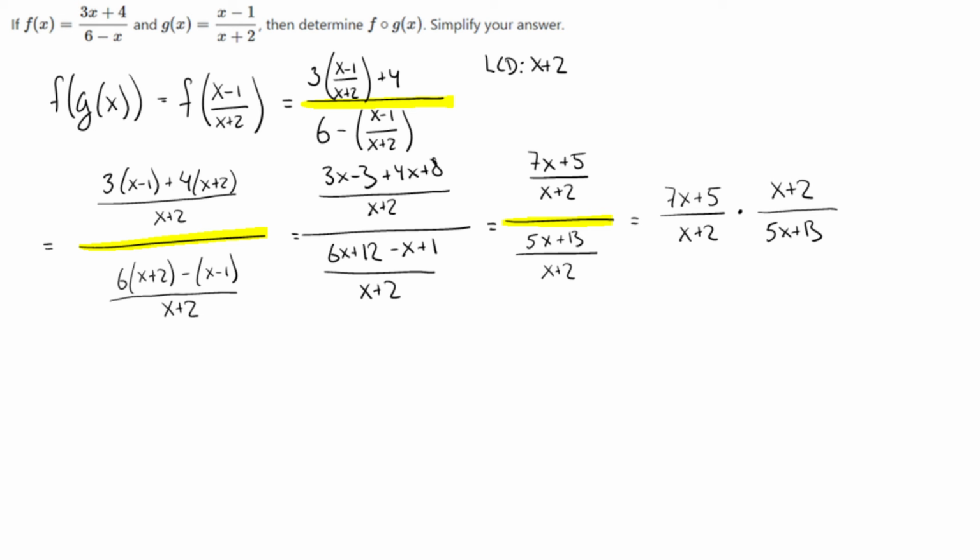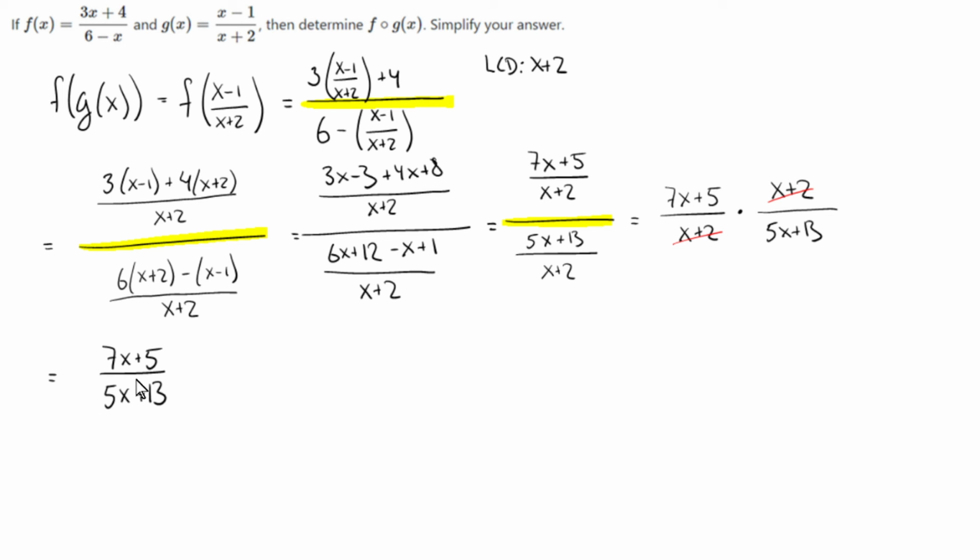And here the x plus 2 cancels this x plus 2, leaving us with (7x + 5) divided by (5x + 13). So that will be the final answer in terms of simplification.